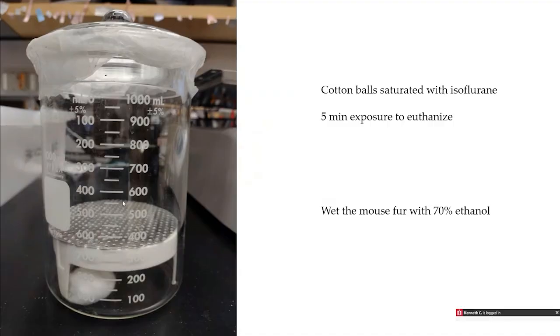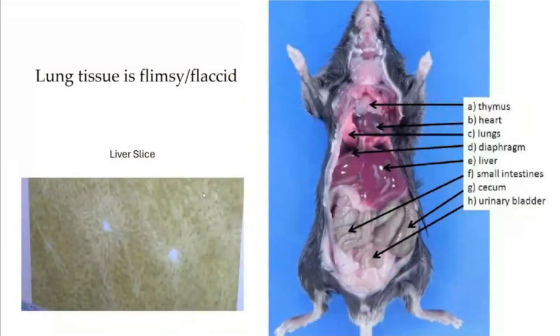So you will cut your mouse open and expose all of the organs, and cut open the rib cage, and you can see here what the lung will look like. It's very flaccid and flimsy. It's not inflated, and you will cut away as much of this rib cage as you can, being very careful with your scissors not to puncture the lung.